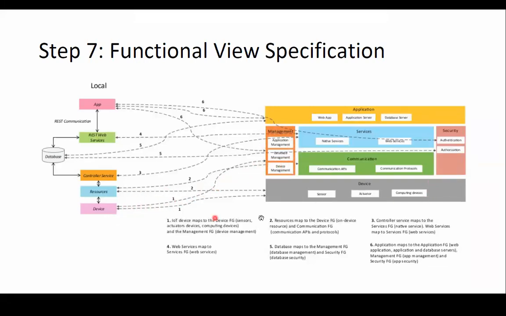So there will be the requirement of device as well as management for the first level of your IoT architecture. Second one is resources. If you properly see the arrows, you will come to know which level is associated with which application or which layer of your IoT design view. So these are the functional view specification of the home automation application.